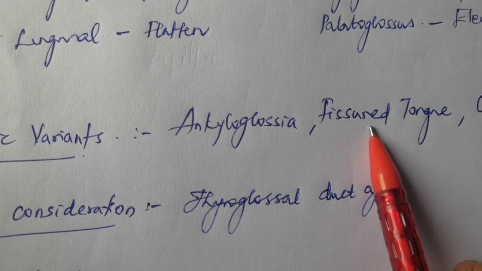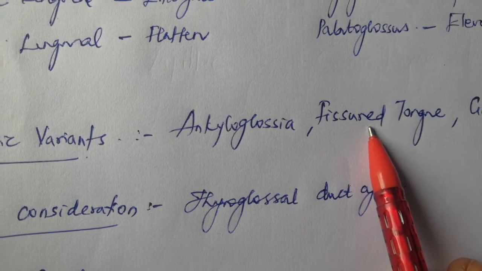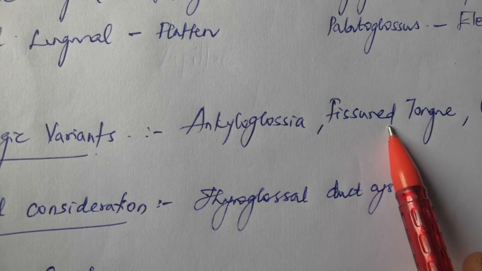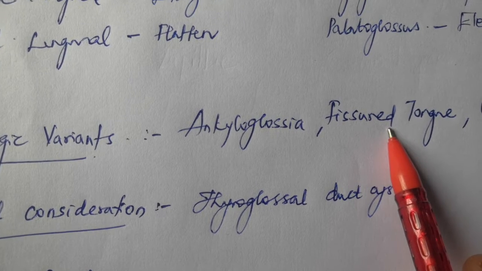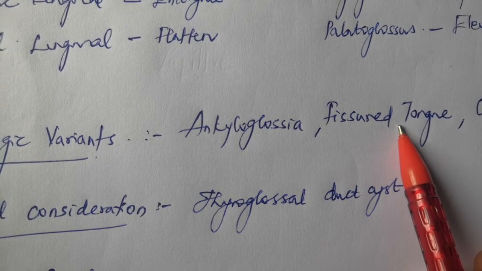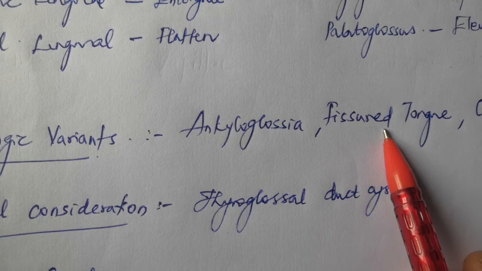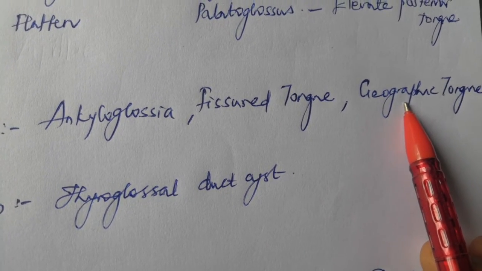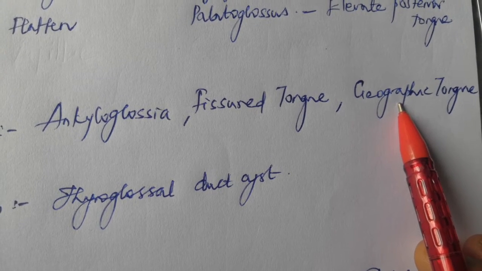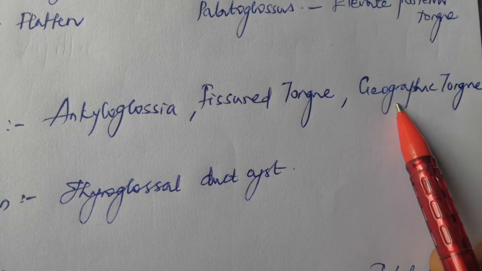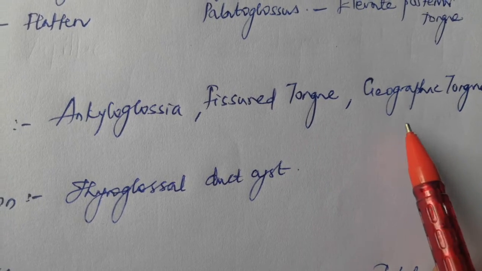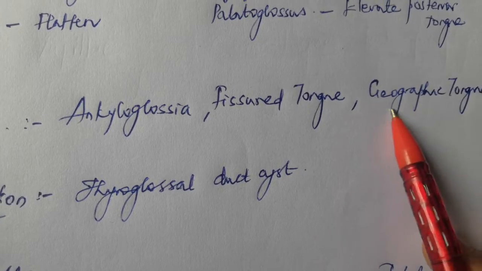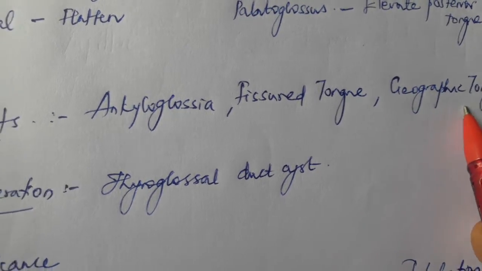Sometimes normal people have this, so we have to make sure the patient keeps the tongue clean, so that there will be no inflammation due to food deposition in the fissures. Then the geographic tongue: the reason behind this is not known, so it is idiopathic. It appears like a map-like structure, redness which moves around on the dorsum of the tongue. Hence, mimicking a map, it's called the geographic tongue.